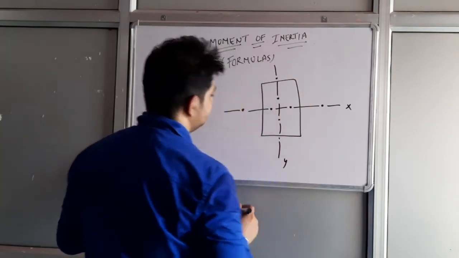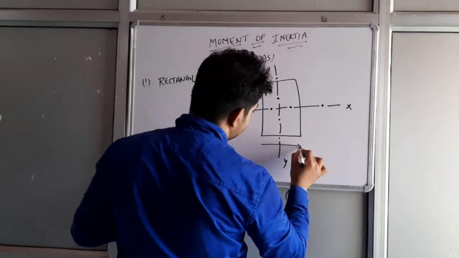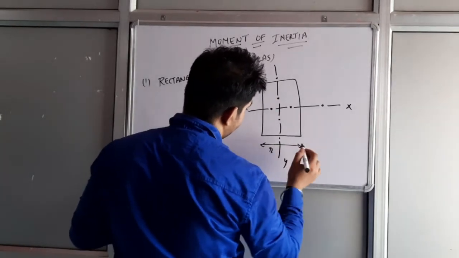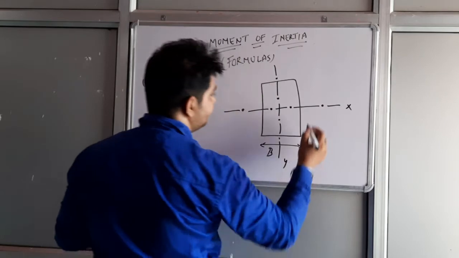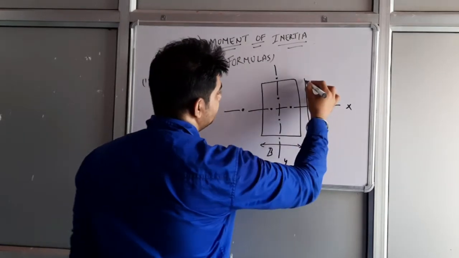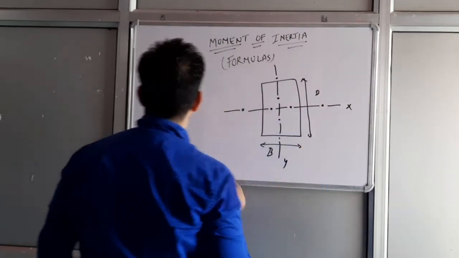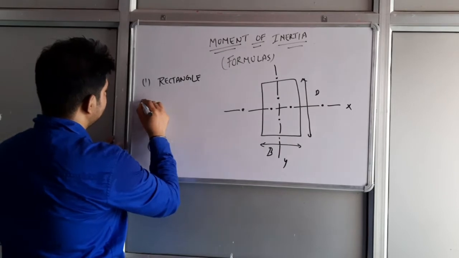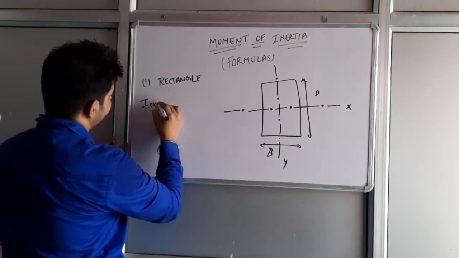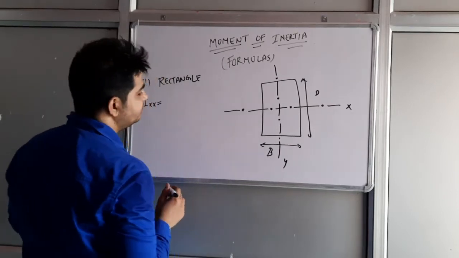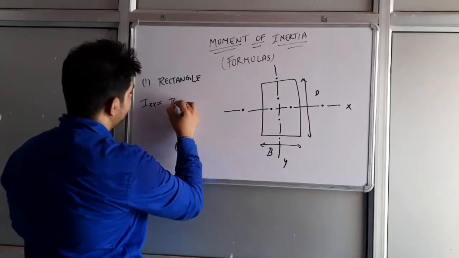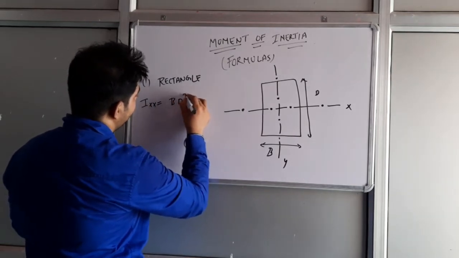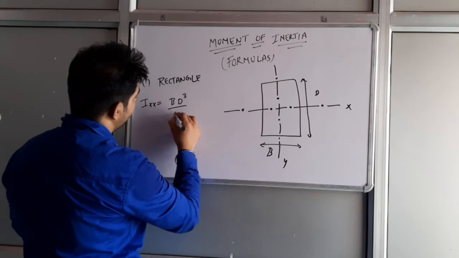This is y-axis. Suppose this is capital B and this is capital D. So for x-axis, the moment of inertia will be B D cube upon 12.